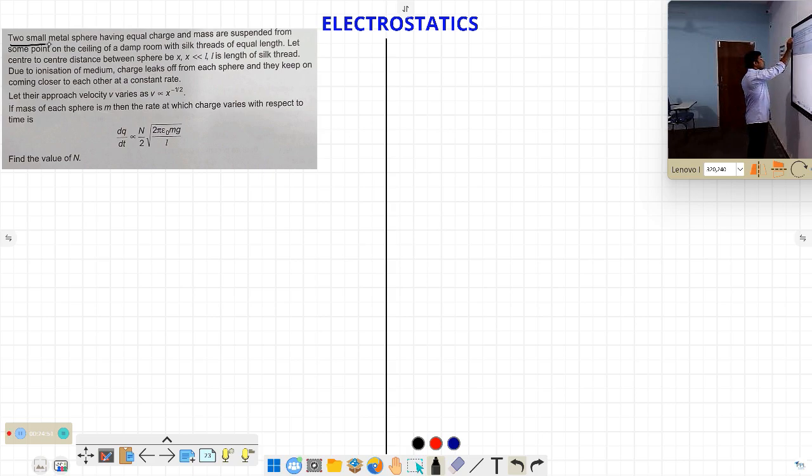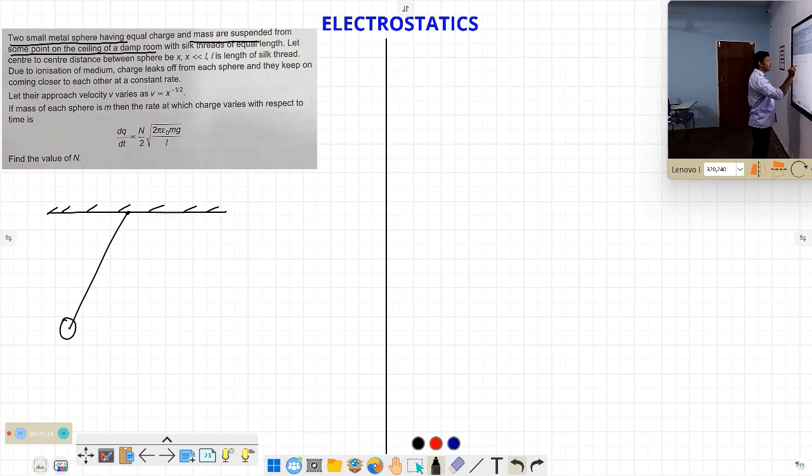What is given here? Two small metal spheres having equal charge and mass, suspended from the same point on the ceiling of a damp room, with a silk thread of length L. The center to center distance between the spheres is x. So I am taking the diagram here. Two spheres are taken, both suspended from the same position.